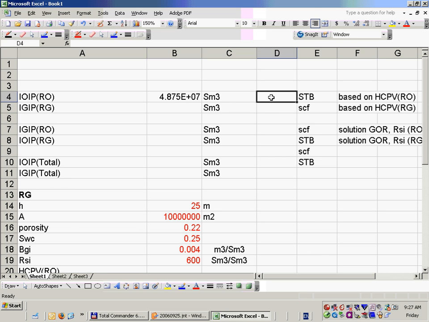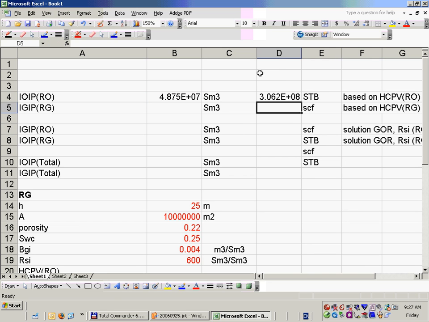And that's this number times 6.28. That's 306 million barrels. Not bad. It's a small field in Norway. It's a monster field in Oklahoma. So it's 306 million barrels. So it would just kind of make it in Norway.